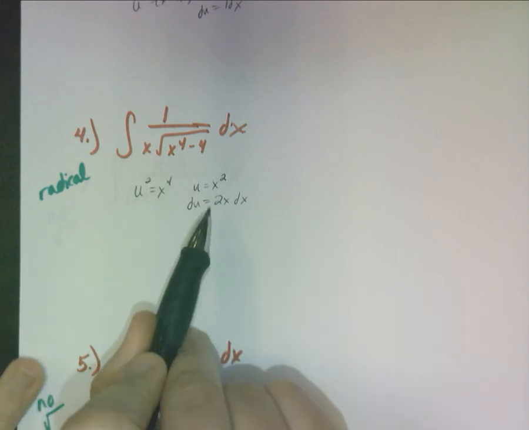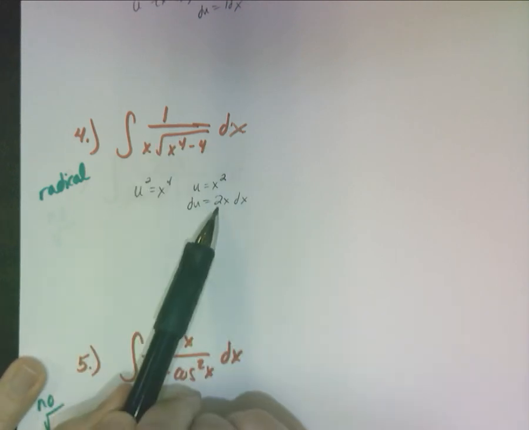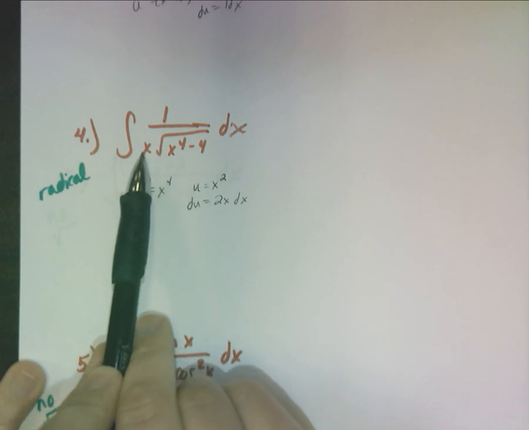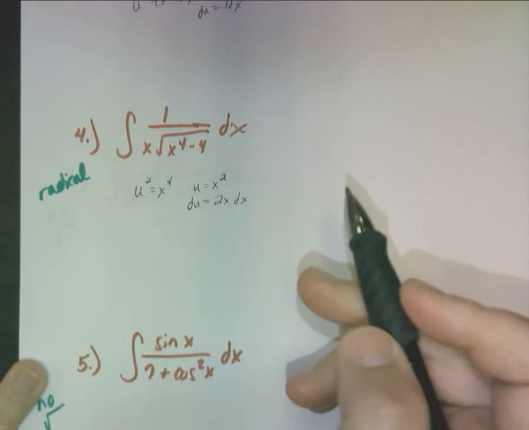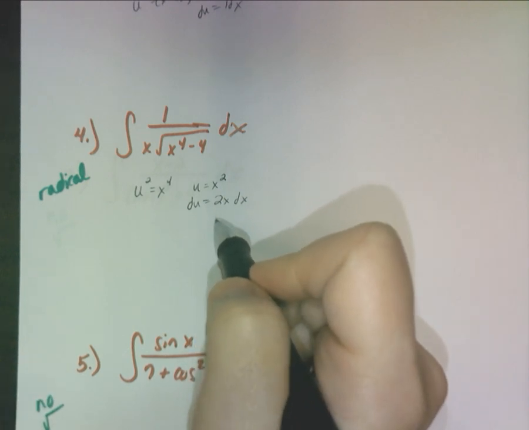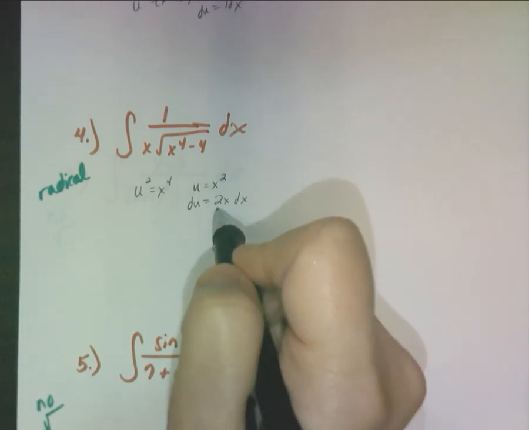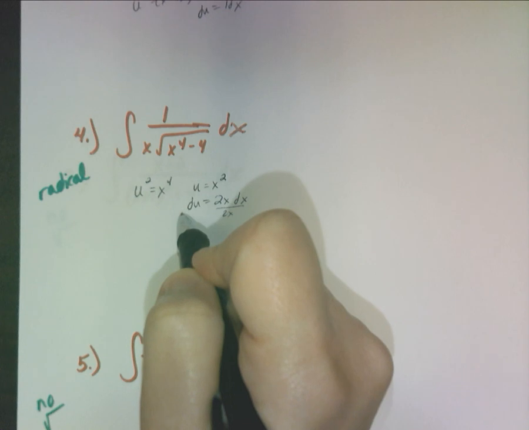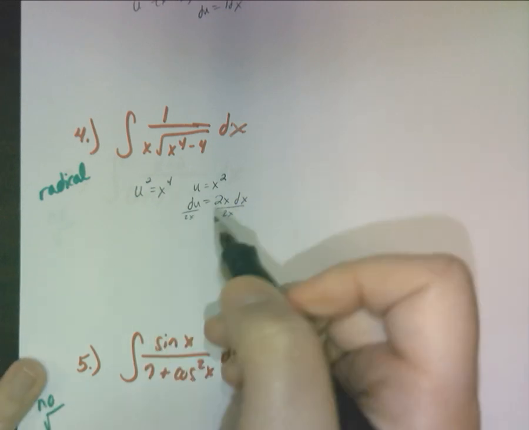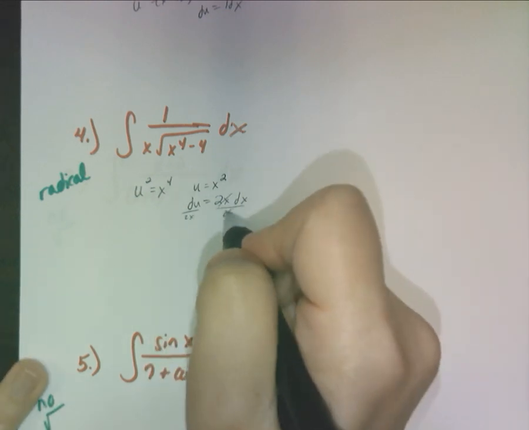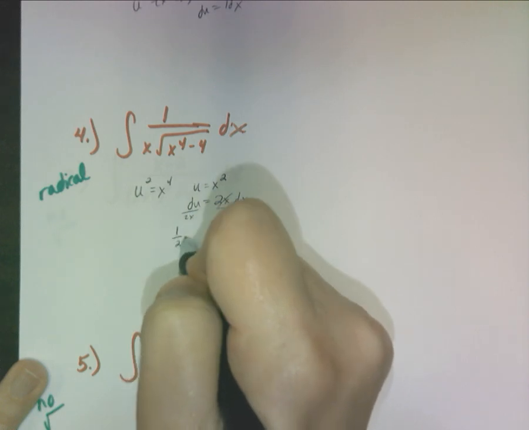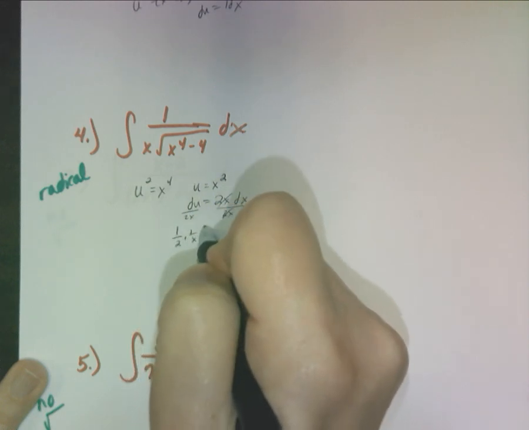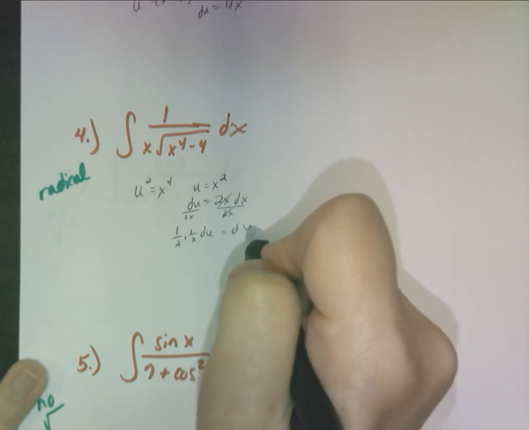Well, we have a problem here because this is in the numerator, this is in a denominator, this is 1 over x. So we are allowed to divide out the 2x this time. And this would be 1 over 2, watch how I'm writing this, times 1 over x du, which equals dx.